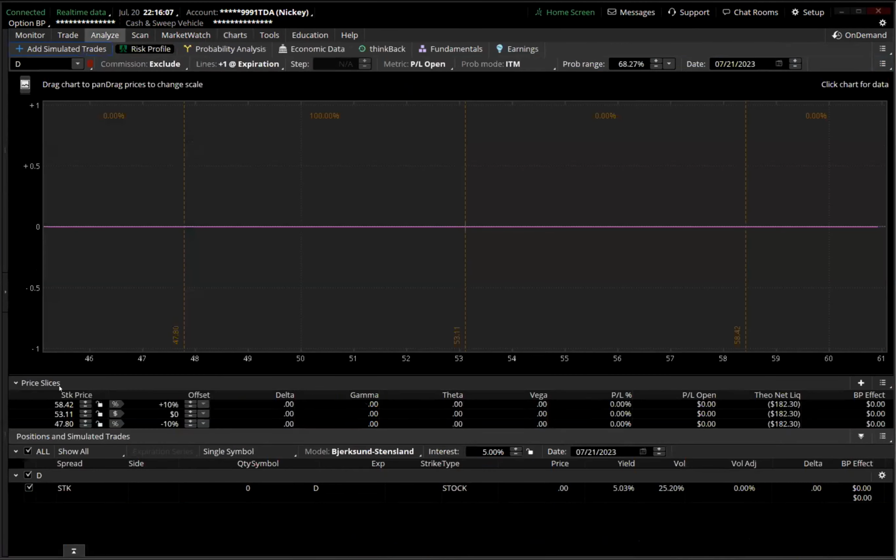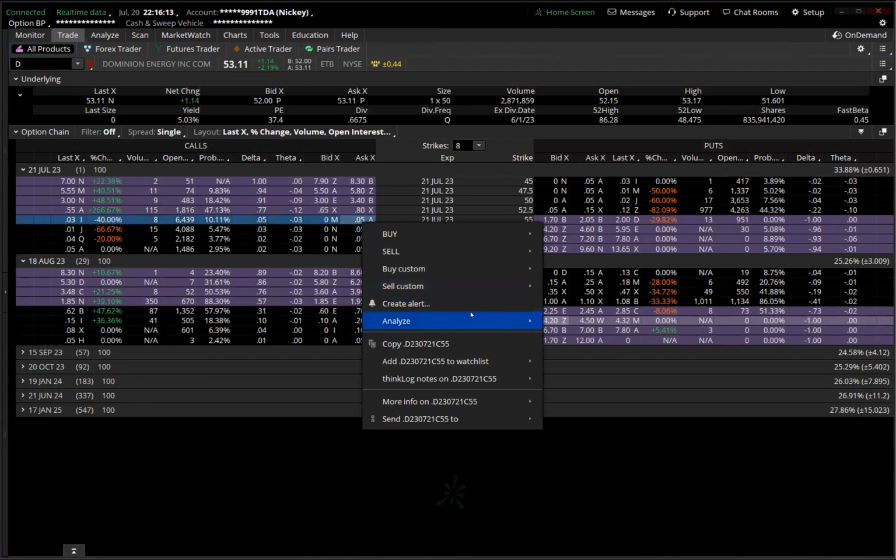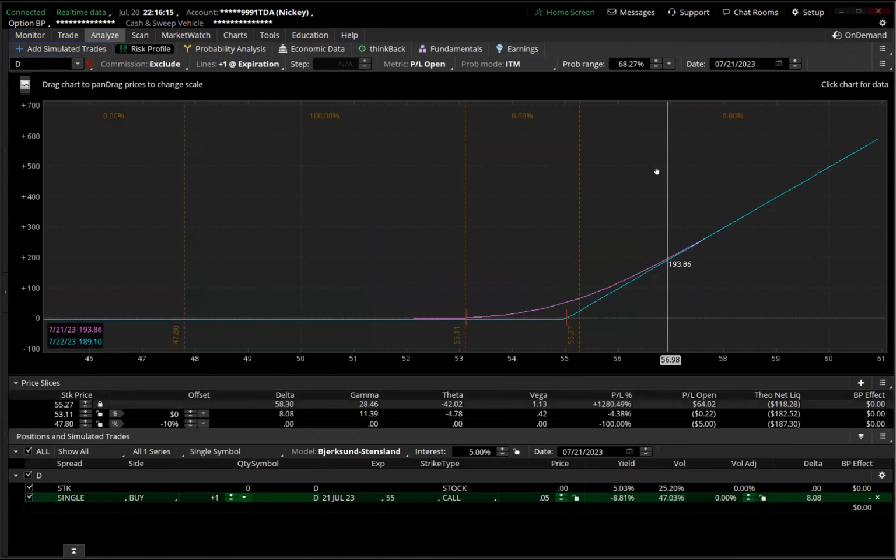So I haven't looked at contracts yet. I probably would look at that 55 one, but it has a lot of interest but no volume. At 55.27, that $55 call for tomorrow at 5 cents average. Oh, okay.